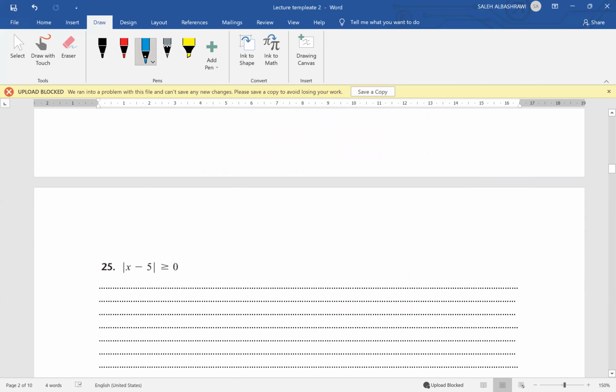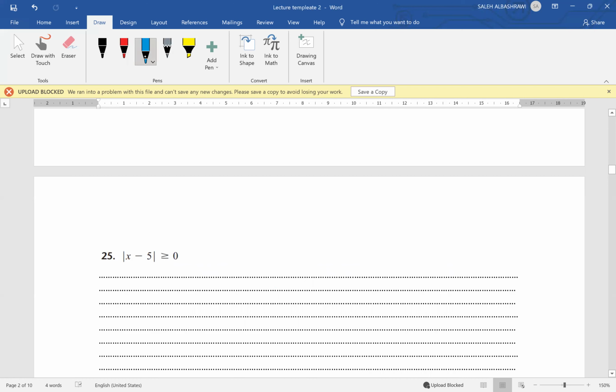One more example. Now, if I have absolute value of x minus 5 greater than or equal to 0. Now, the right-hand side is not a positive number, it is 0. But we are going to apply the same concept. Since we have greater than or equal, I will have x minus 5 less than or equal to minus 0, but we don't have minus 0, just I will write it just to make it clear, or x minus 5 is greater than or equal to 0.